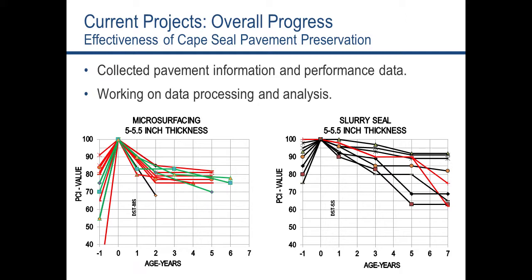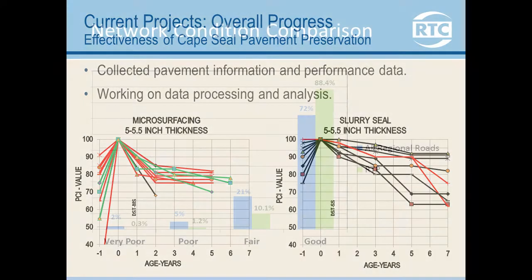You put the cape seal on, it goes to 0, and they deteriorate at a very narrow rate. For slurry seal types, even if you start out with roads in better condition, the deterioration broadens out over time. We're finding some interesting things on the microsurfacing cape seal side.